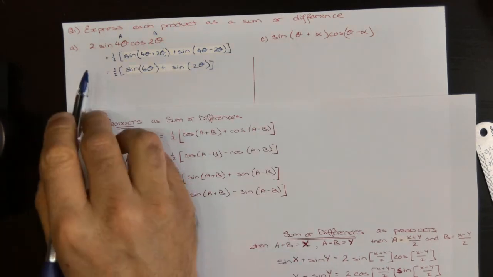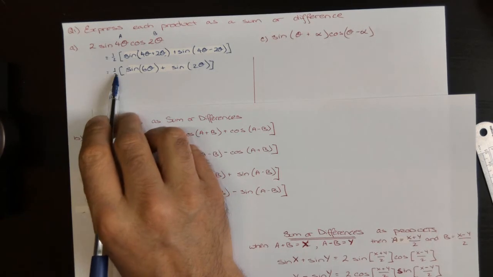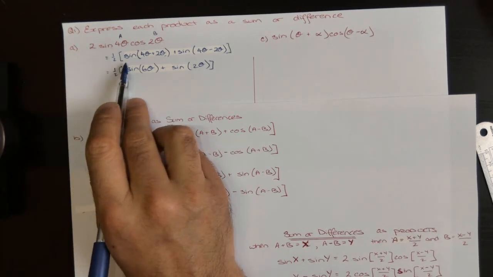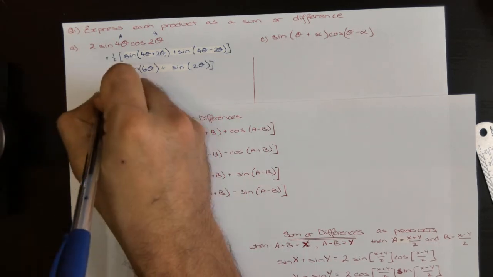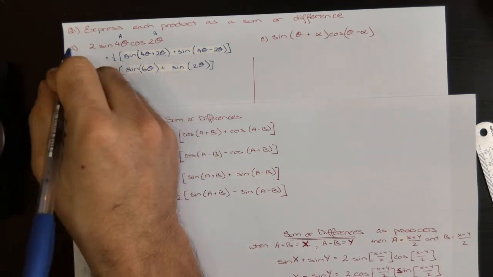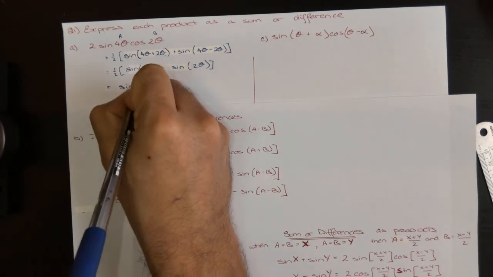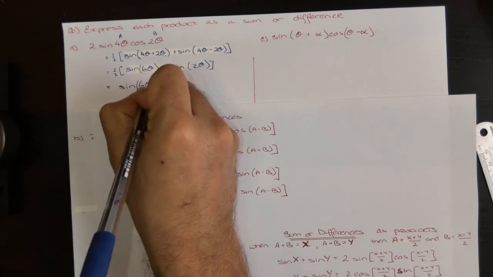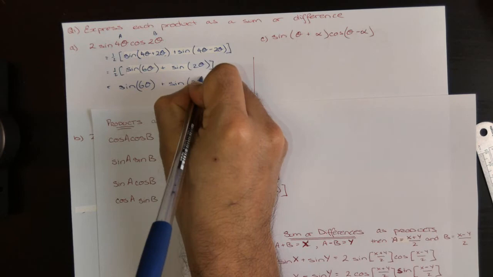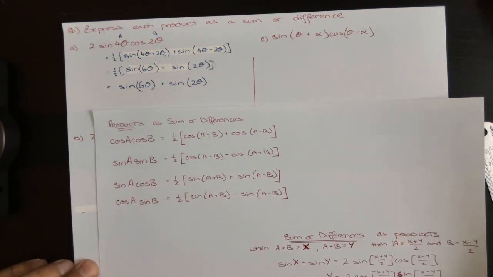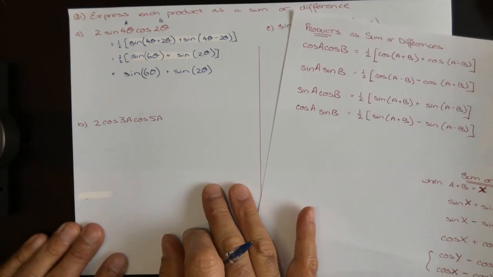Now, because of that 2, if I either divide by 2 both sides or multiply by a half to both sides, it basically cancels those numbers out. So the solution is just sine 6 theta plus sine 2 theta. Okay, all right, let's do the next one.